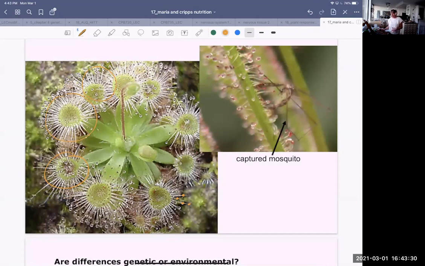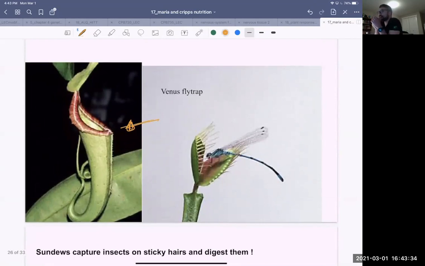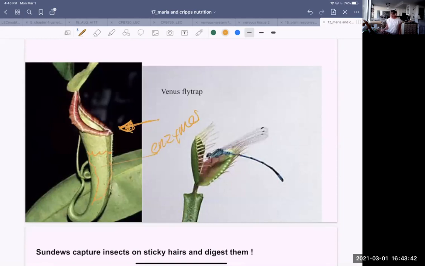So the pitcher plant, which is here, has water inside, full of digestive enzymes. And those enzymes digest whatever falls in there.